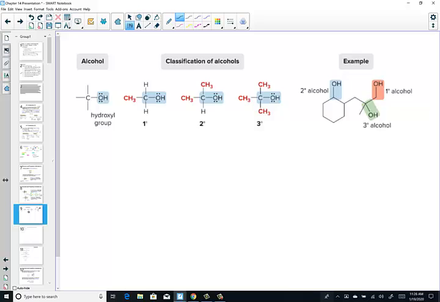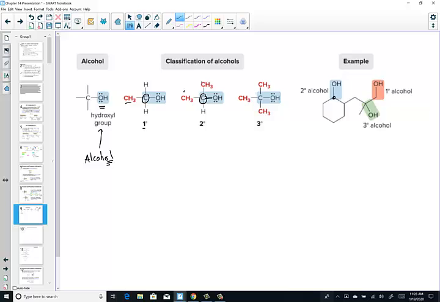So just to emphasize, an alcohol is a functional group that contains an OH hydroxyl, "ol" as we learn nomenclature. If the carbon attached to the hydroxyl group is attached to just one other carbon, it's primary. If the carbon attached to the hydroxyl group is attached to two other carbons, we call it secondary. And if the carbon is attached to three other carbons, then we call it tertiary.